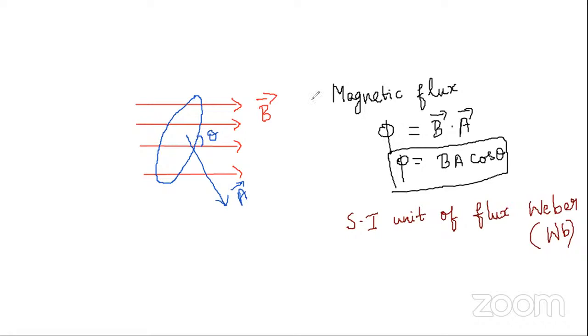What is the CGS unit of magnetic flux? That is also important. The CGS unit is Maxwell.